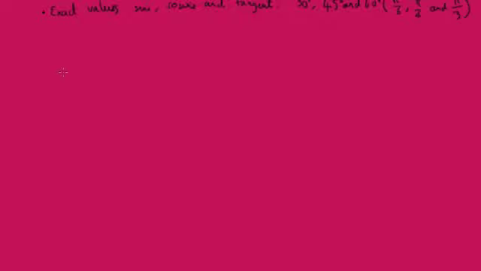So let's think about what these look like. That is not what I wanted to draw. I want it to look more like this. So we're going to think about an angle. We're going to think about 45 degrees first. So if a right angled triangle, that's going to be 90, and for this to be 45, this must be 45.